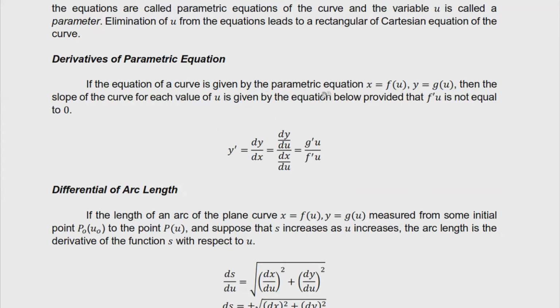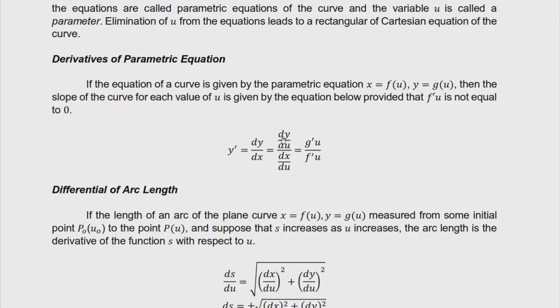So if we have these functions x and y in terms of u, the slope of that curve for every value of u can be obtained by taking the derivative of g of u over the derivative of f of u, where the derivative of the x function should not be equal to 0. Starting from our general concept of the slope, y prime becomes dy over dx based on our Leibniz notation.